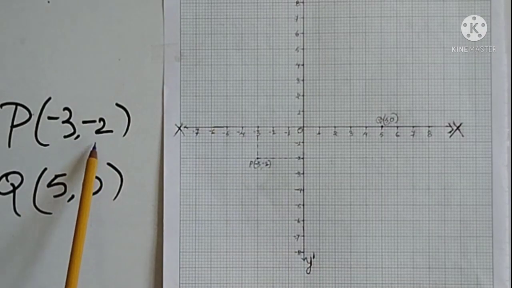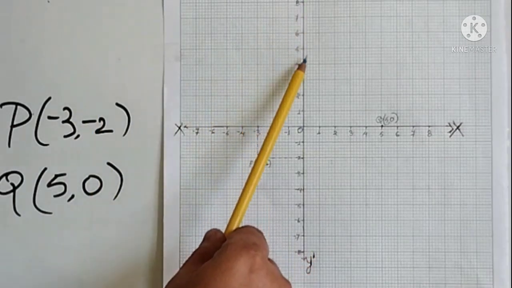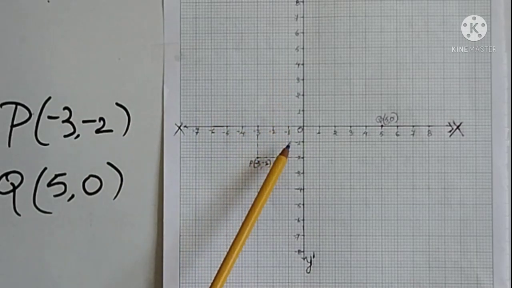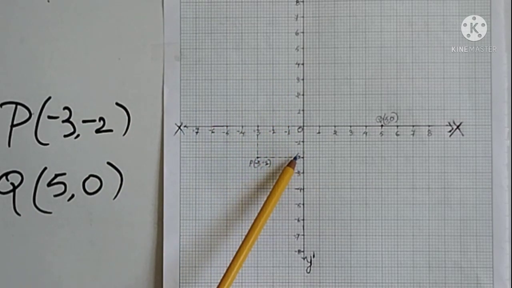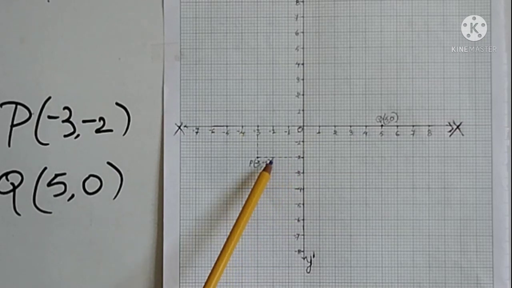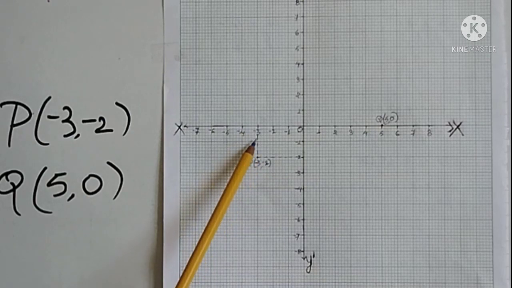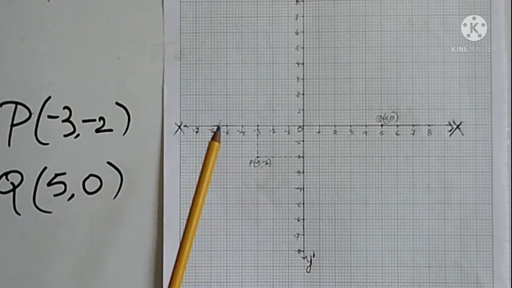That means y coordinate is -2. So where will you look? In y. Where is -2 in y? Here. 0, -1, -2. So from here again draw a dotted straight line. So come over here. These two dotted lines meet here, this is your point P(-3, -2). Okay.